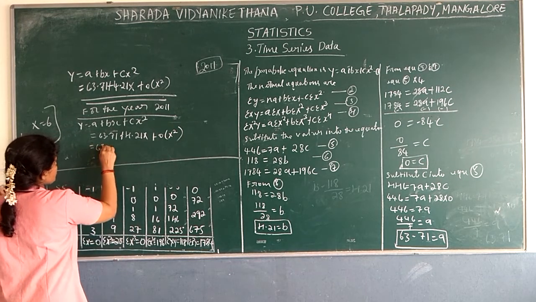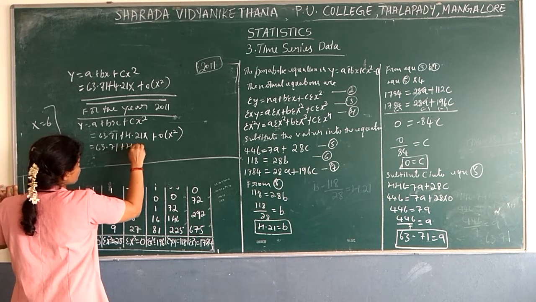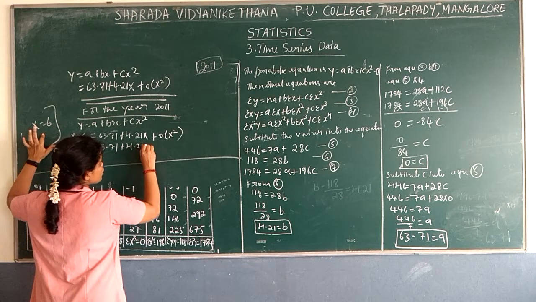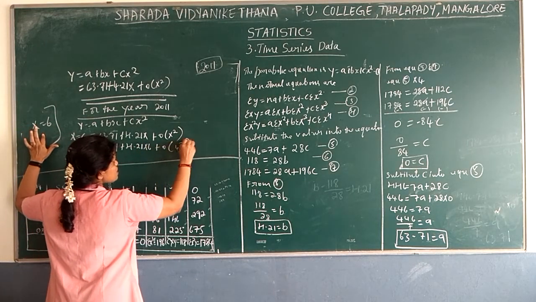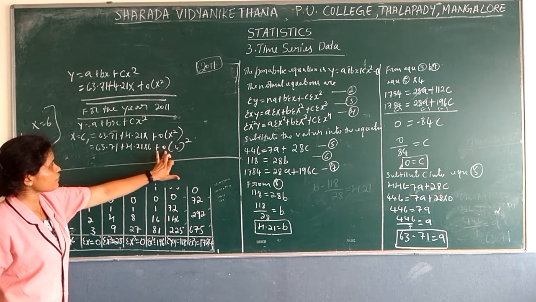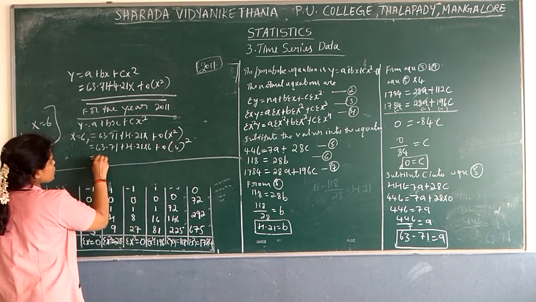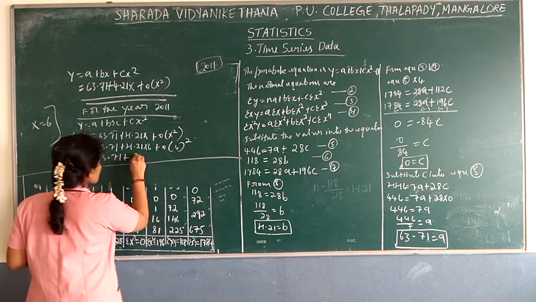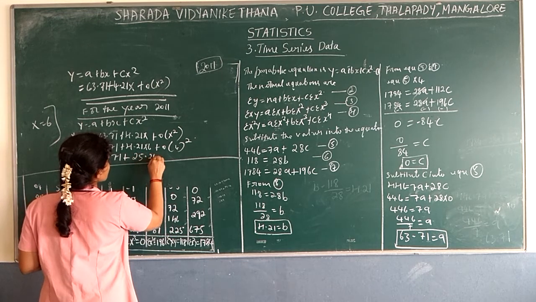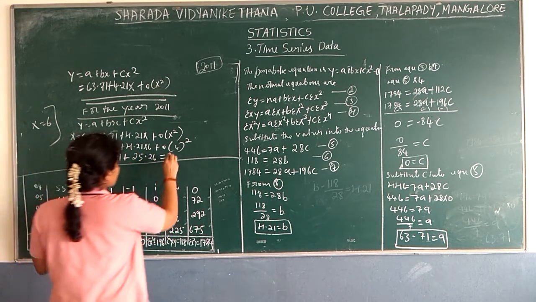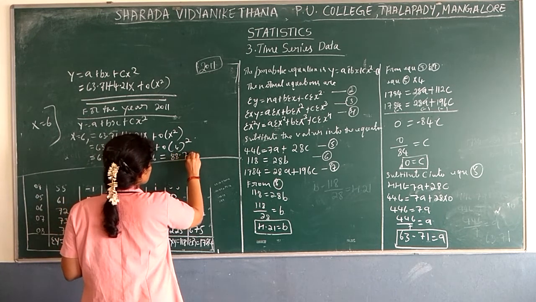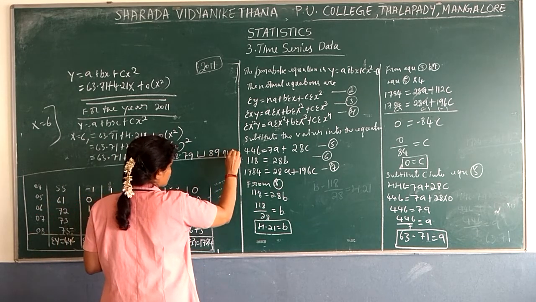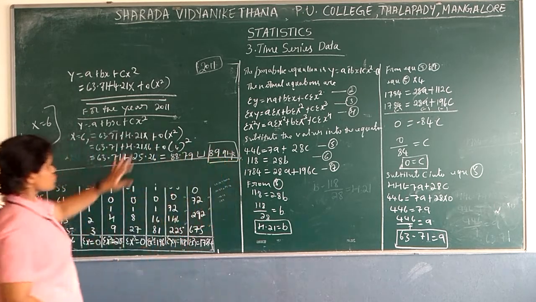Now 63.71 as it is, plus 4.21 into 6, plus 0 into 6 square. Whatever 6 square is, when we multiply by 0 it becomes 0. So we get 63.71 plus 4.21 into 6, that is 25.26. So the total is 88.79. Approximately we can make it 89 quintals production for the year 2011.